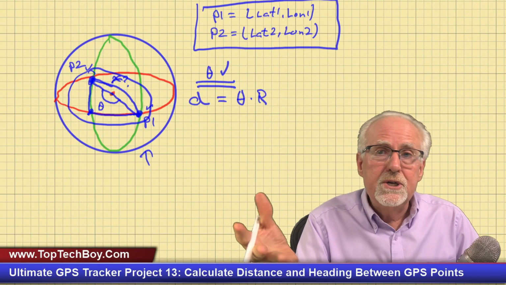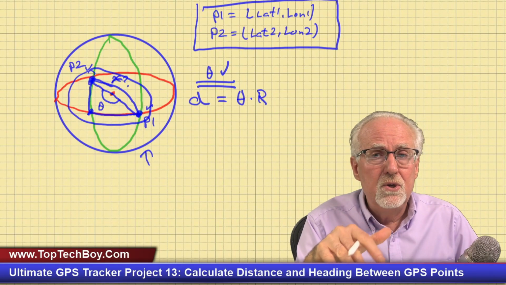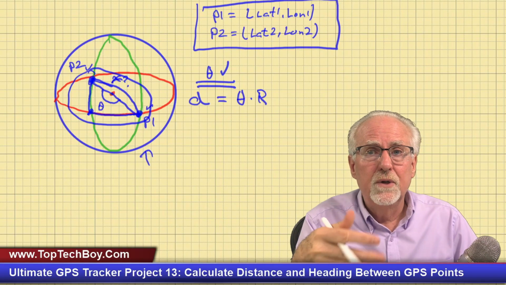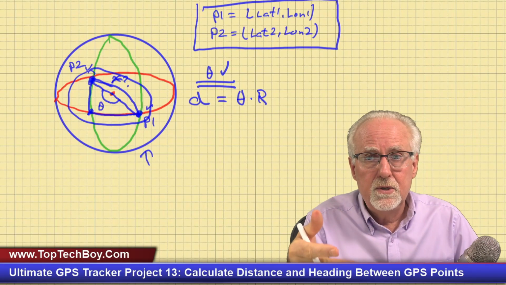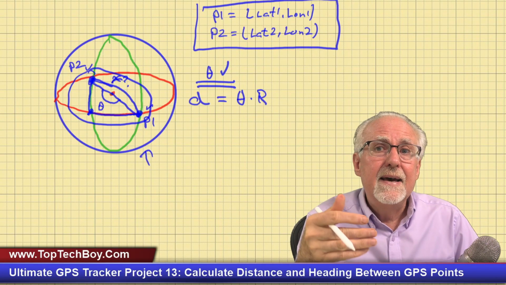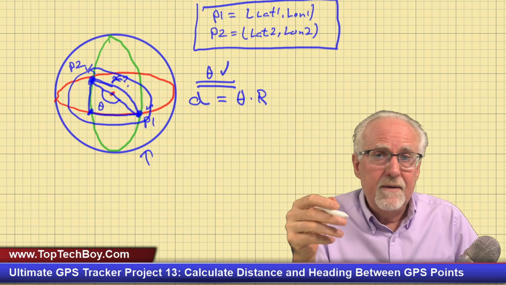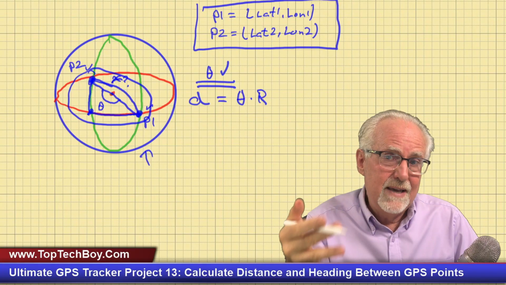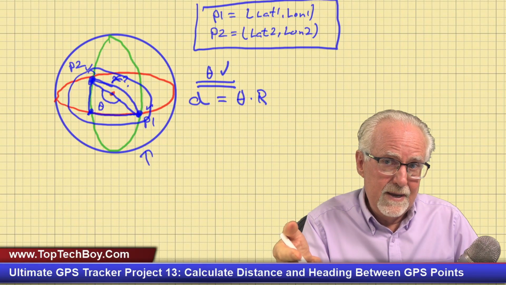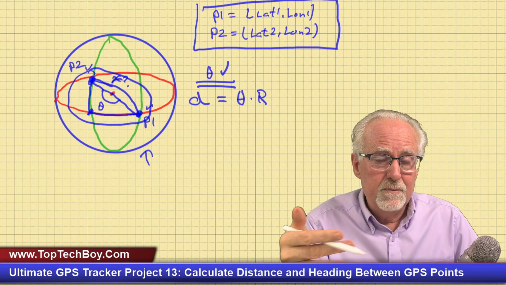Now, if we were just on a flat plane, you could use what you learned back in high school, the law of cosines. If you have the three sides of a triangle, you can calculate the angles. That is from the law of cosines.